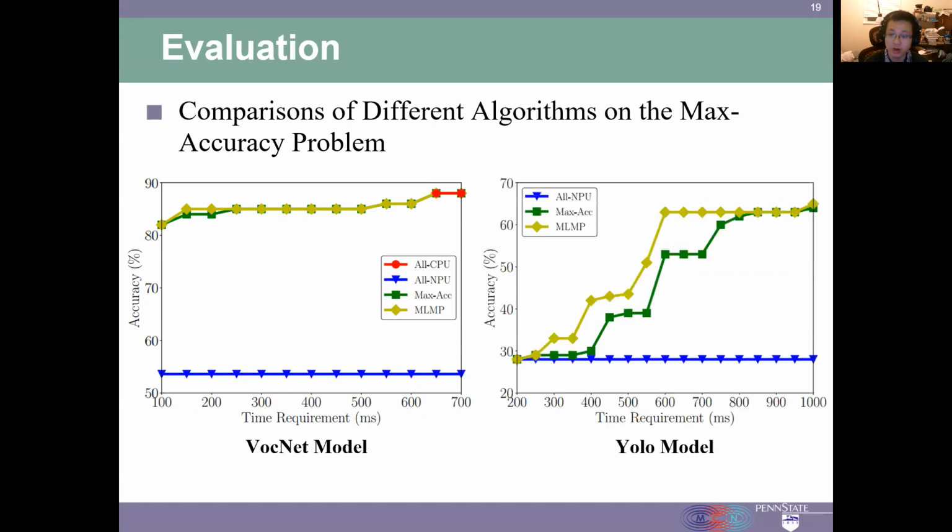However, the YOLO model consists of dozens of layers, and it is more complex than VocalNet. As we can see from the figure, when the time requirement is between 300 milliseconds and 750 milliseconds, MLMP outperforms max accuracy.